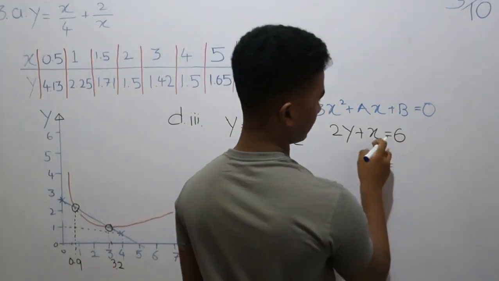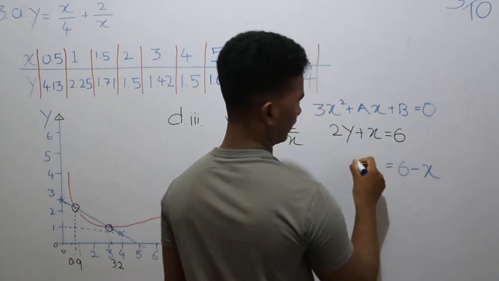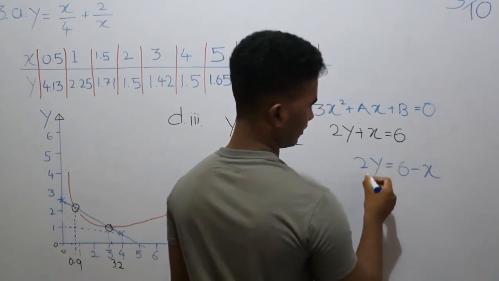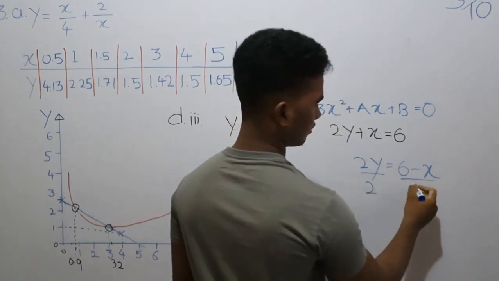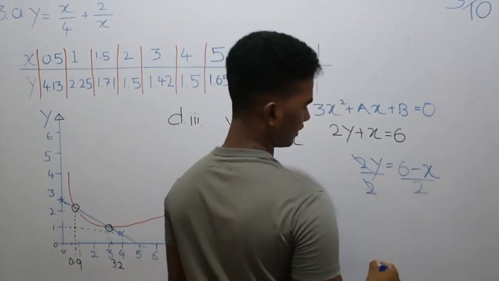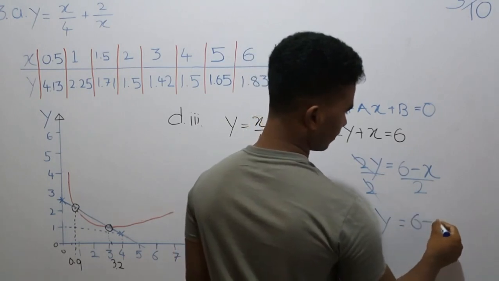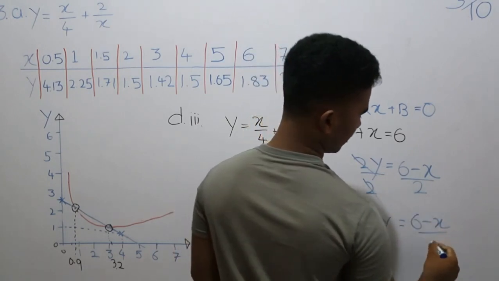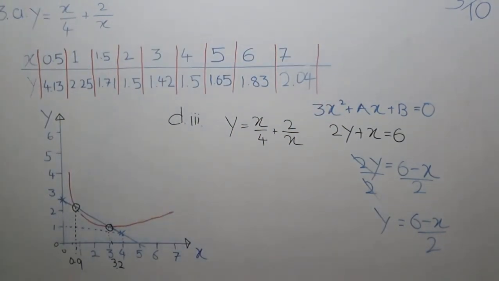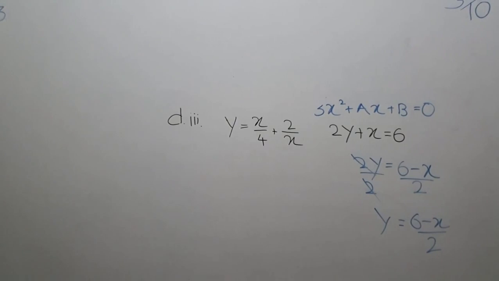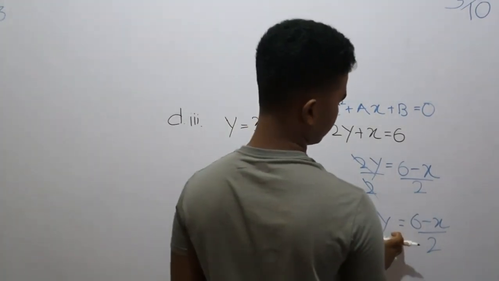Take x to this side, it becomes 6 minus x equals 2y. Divide both sides by 2. This 2 and this 2 will get cancelled. So you are getting y equals 6 minus x divided by 2. So we made y the subject.